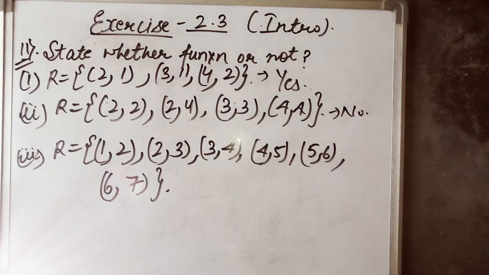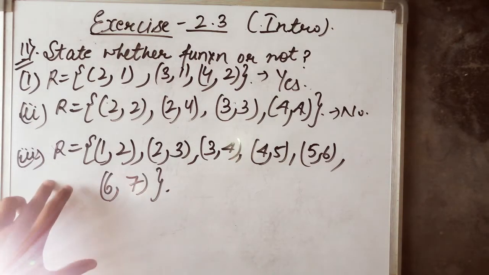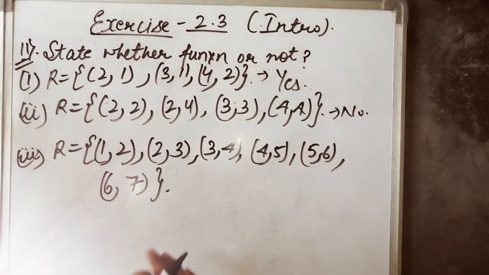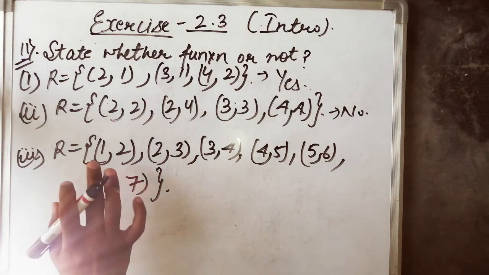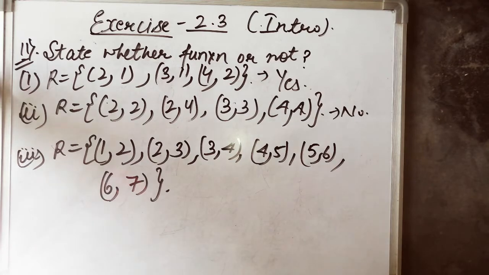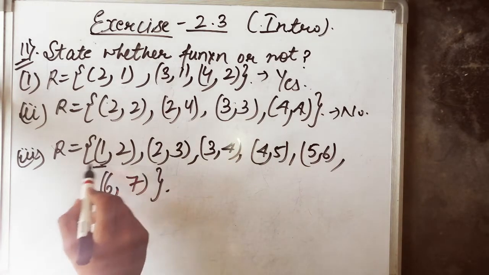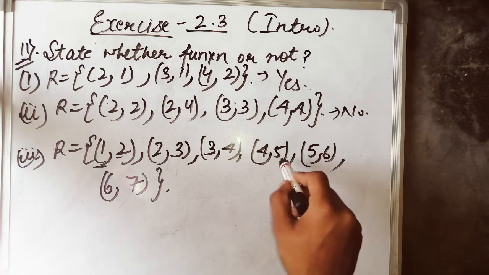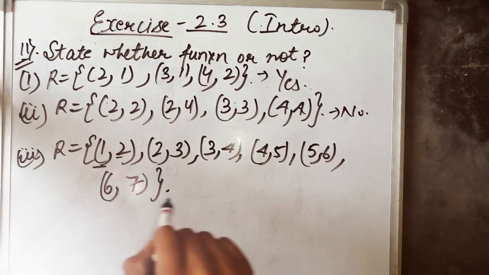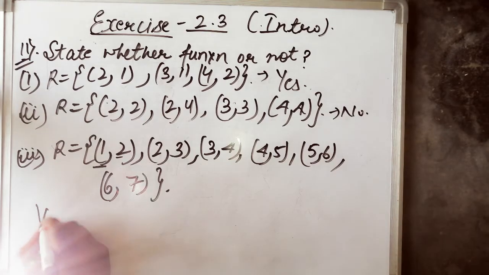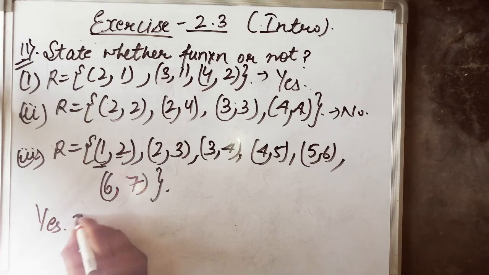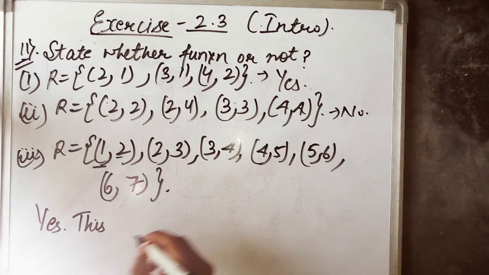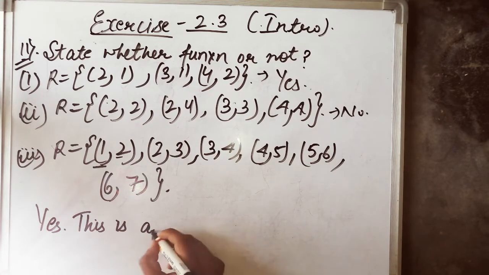Now we need to tell, is this relation a function or not? This relation is also a function because every element has one image. 1 has one image which is 2, 2 has 3, 3 has 4, 4 has 5, 5 has 6, and 6 has 7. Yes, this is also a function.